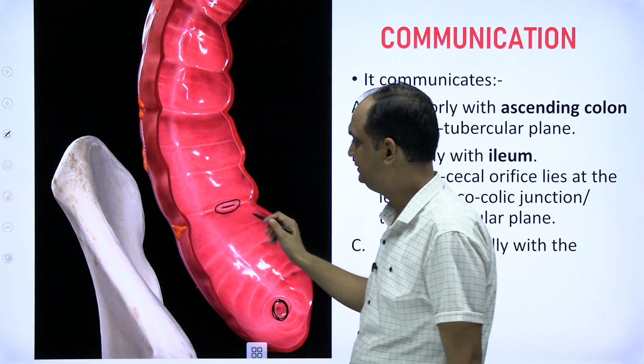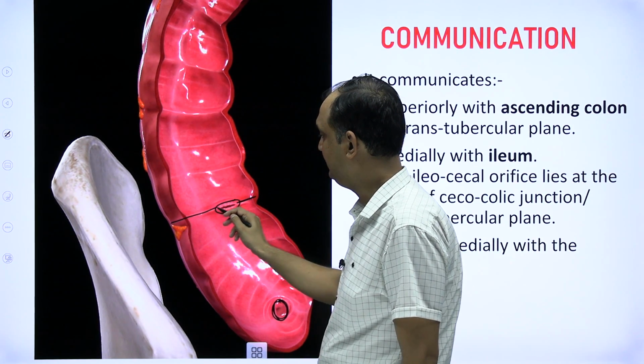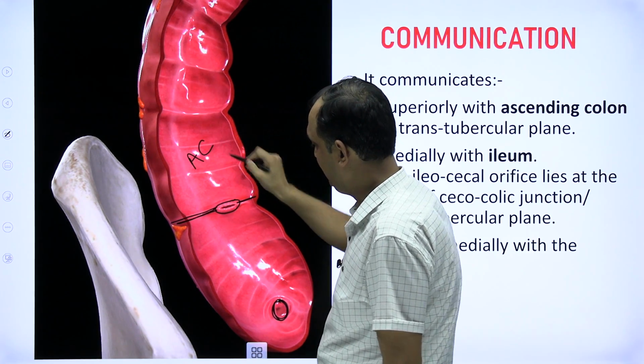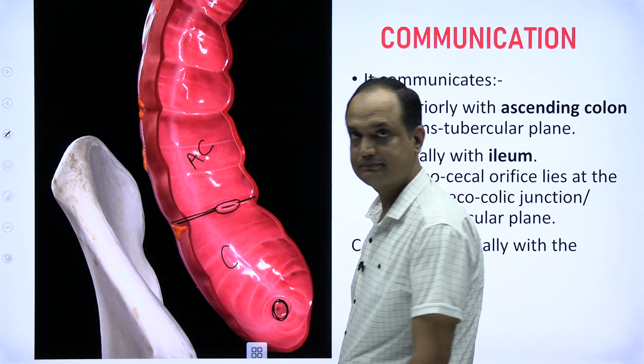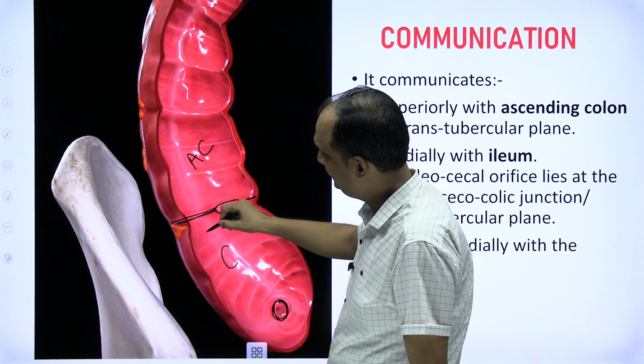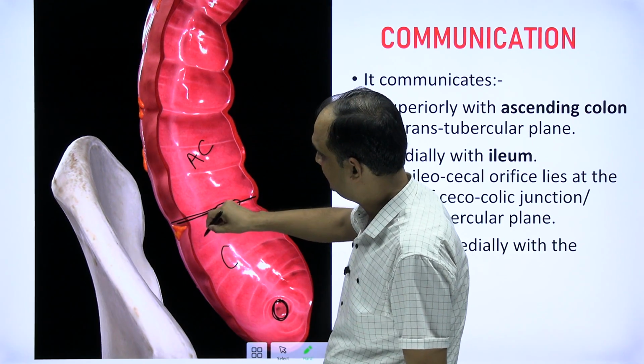Apart from that, this border is the line of demarcation. Above that you have the ascending colon, and below that you have the cecum. That means above the level of the opening, the cecum is communicating with the ascending colon.